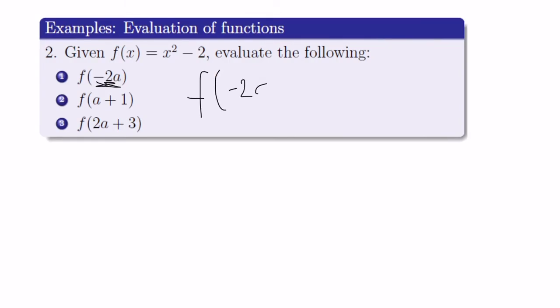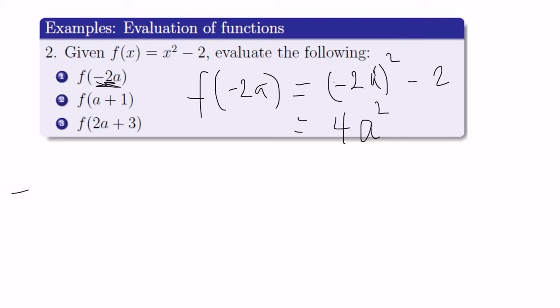F of negative 2a is equal to negative 2a squared minus 2. So don't forget the parentheses in substituting your variable, especially if your domain is a negative number or a negative expression. So in this case, negative 2a squared will become positive 4a squared.